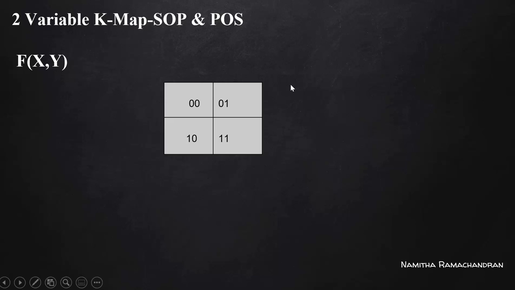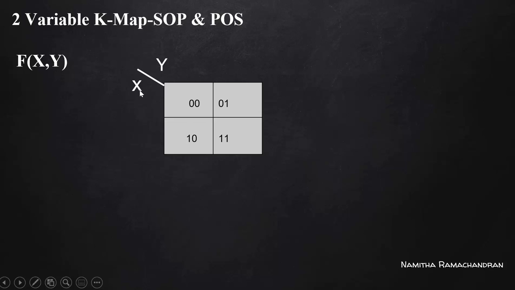So the Kmap structure is like this for a 2 variable function. Consider this function f with 2 variables, x and y. This Kmap is of 4 cells, 2 rows and 2 columns.